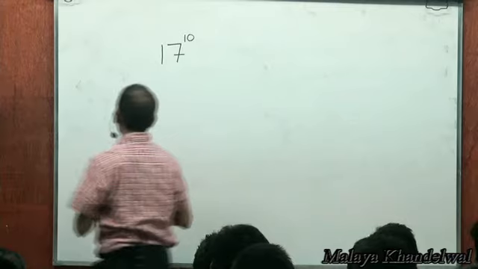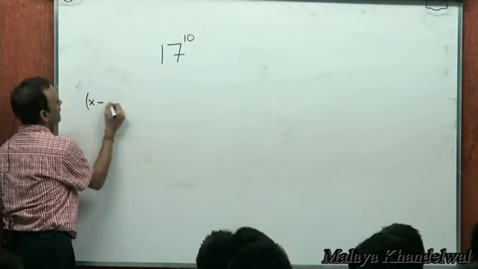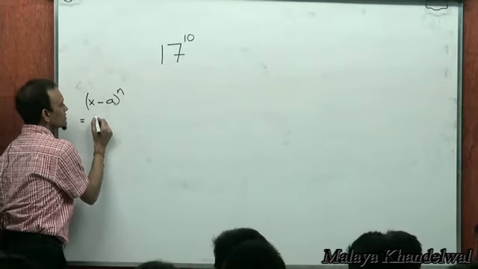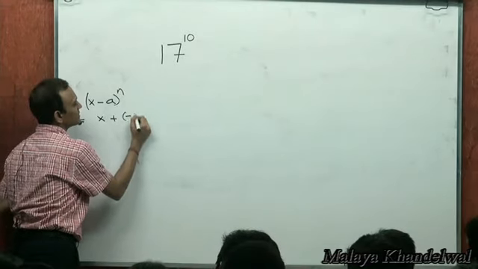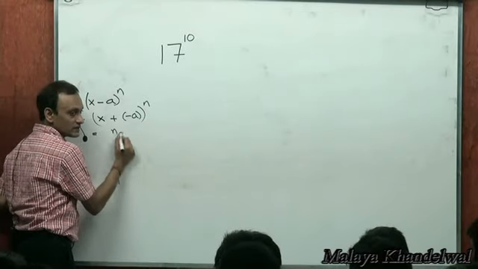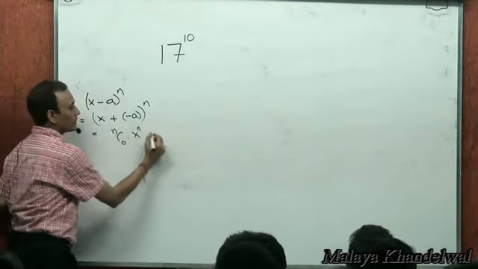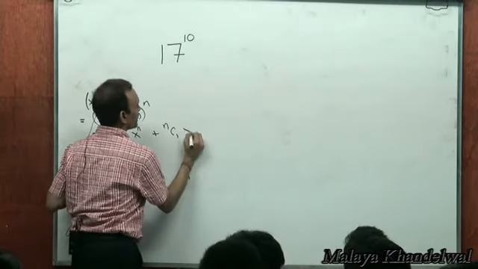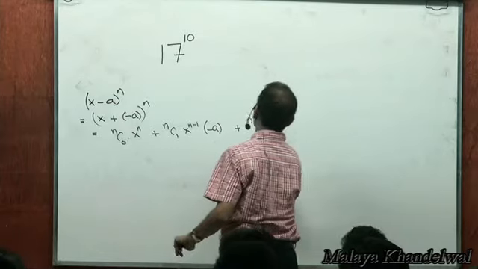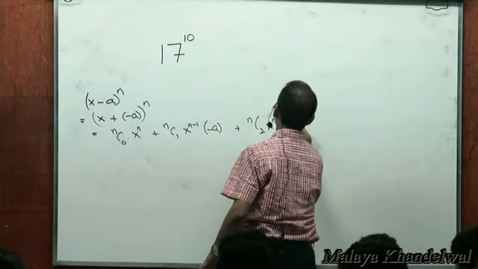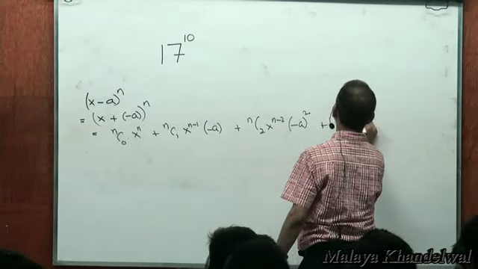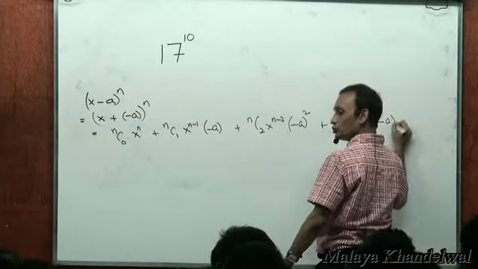Hey, by the way, if I expand, say, x minus a to power n, this is as if it's x plus minus a whole to power n. This would be nC0 x to power n plus nC1 x to power n minus 1 minus a plus nC2 x to power n minus 2 minus a whole square plus nC3 x to power n minus 3 minus a whole cubed, and so on and so forth.